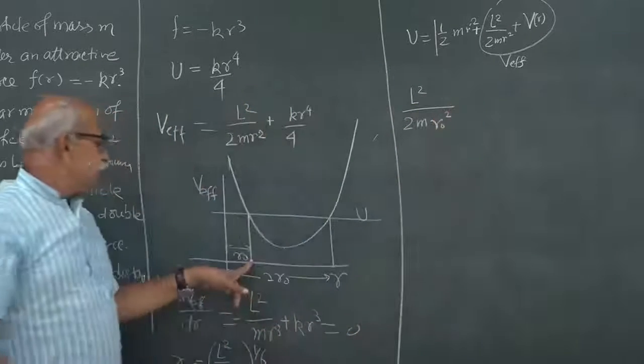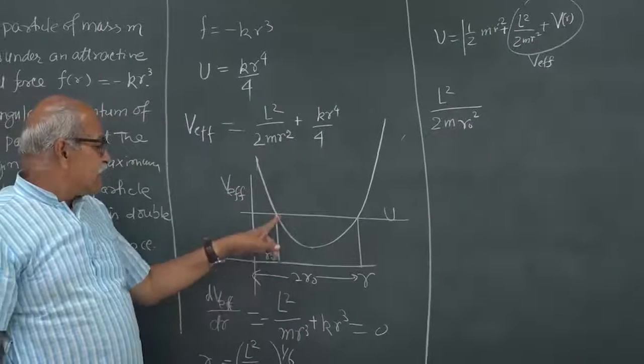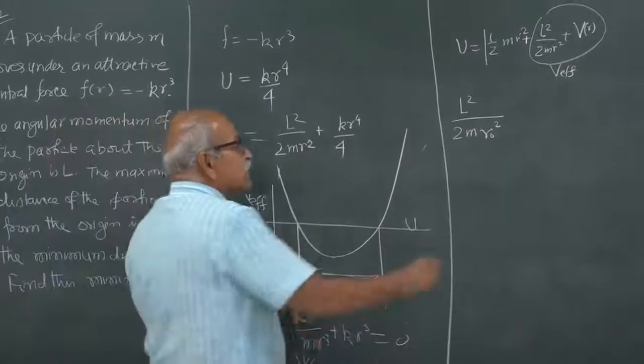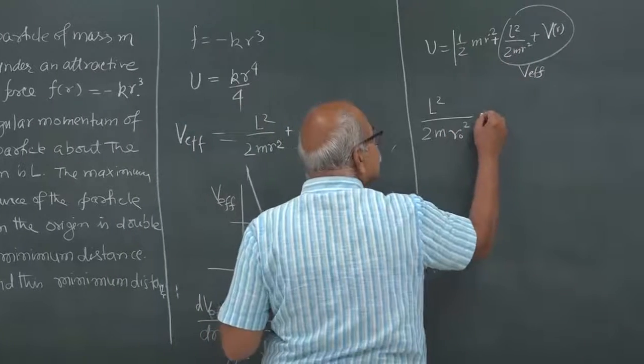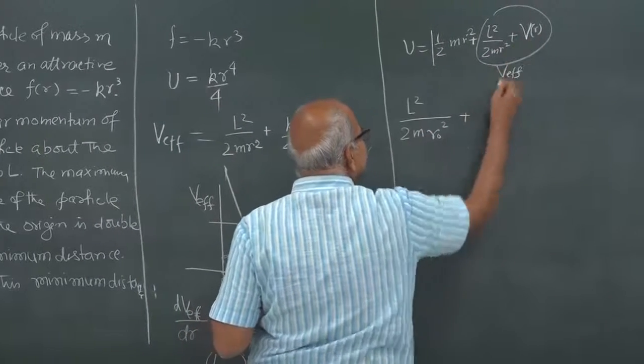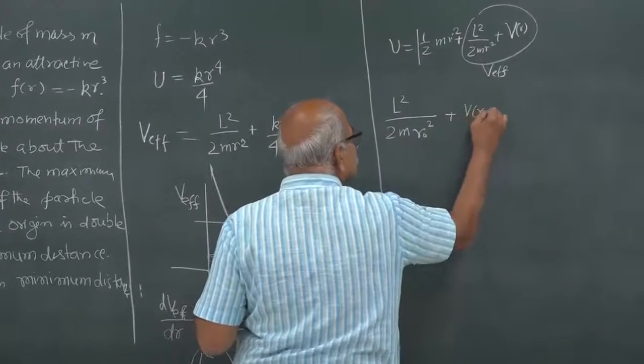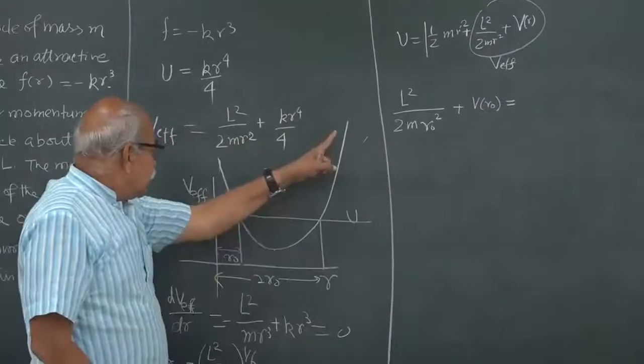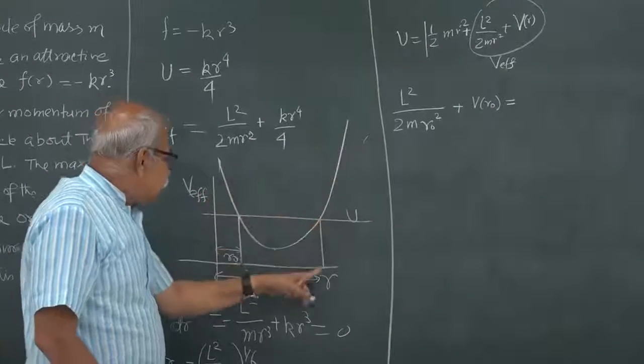Okay. At this point, minimum distance, what is the effective potential energy? So, r is equal to r naught. I am writing r naught here, plus the potential energy at r naught, which is equal to the effective potential energy at this point.